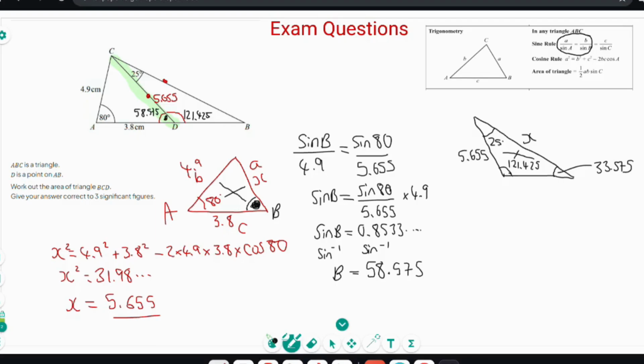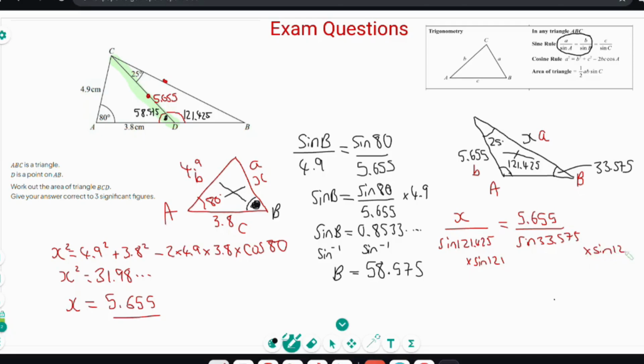Okay, so now we can work out what x is by using the sine rule for missing length. Big A, big B, little b. So x over sine 121.425 is equal to little b over sine big B. Times both sides by sine 121.